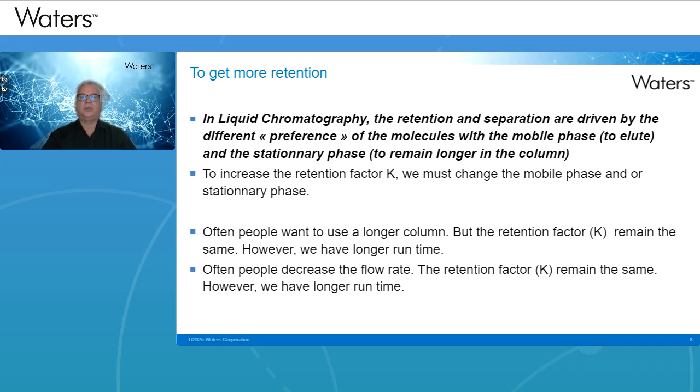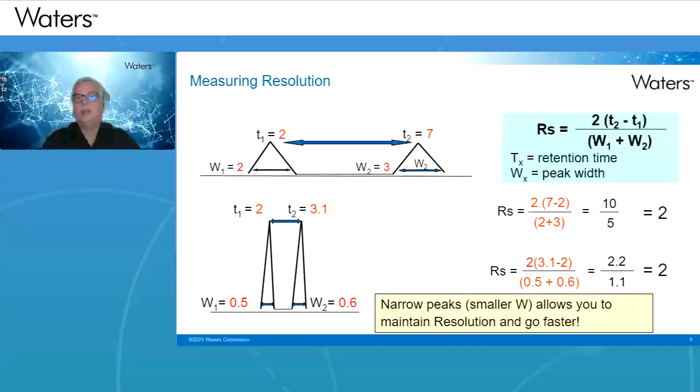If you decrease the flow rate by half, V0 will double. Your retention time of your molecule will double as well. And if you look at the retention factor, it will be the same number. So that's a good thing, because for us, we know that if we keep the same mobile phase, meaning also same pH and same temperature, and the same stationary phase, we will keep the same retention for my compounds.